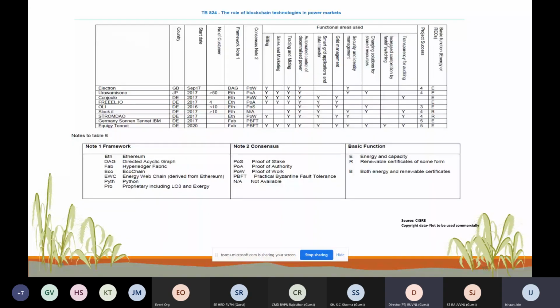These are different areas and different blockchain platforms we analyzed. So you can see Electron, Conjol, Freel, Oli, Slockit, Stormdao, and these are the names of the blockchains being used. Some we will be discussing in the coming presentation.